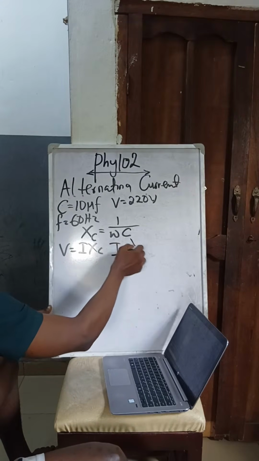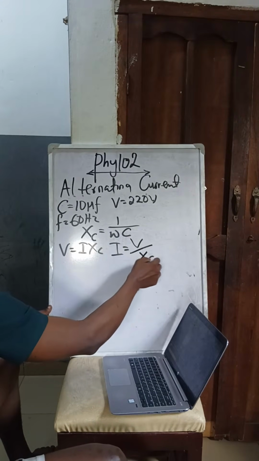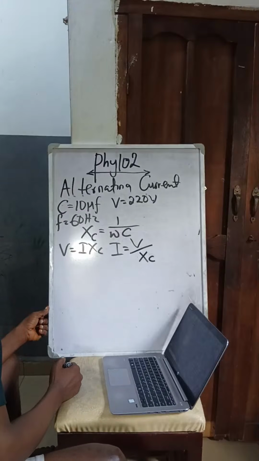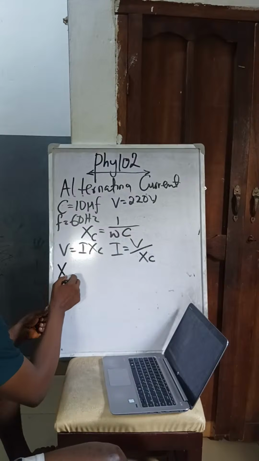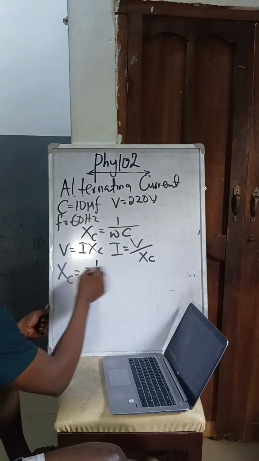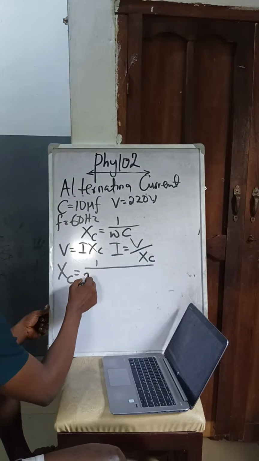I is equal to V all over XC. So how do we get our XC? XC is equal to 1 all over WC.